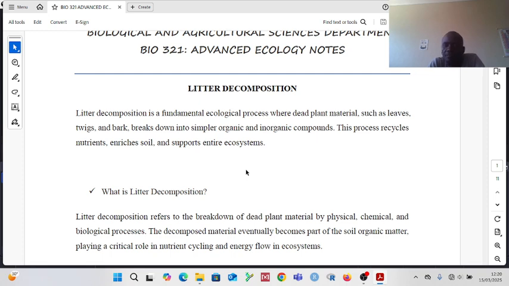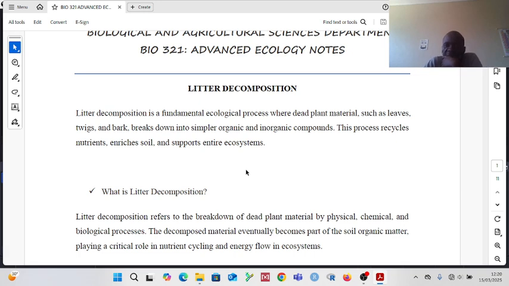because through it, dead plant material, things like leaves and branches, are broken down into simpler, both organic and inorganic compounds.